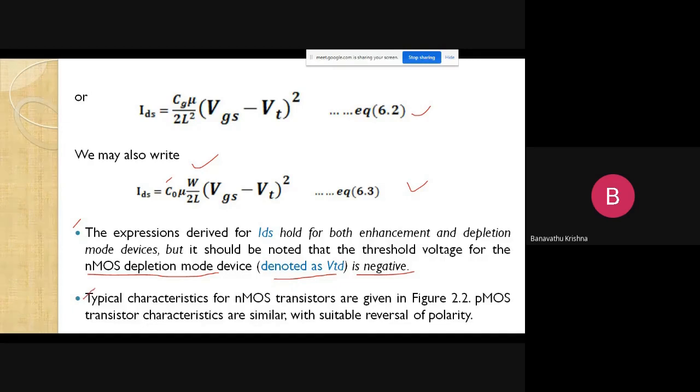Now I am going to discuss the characteristics of the NMOS depletion mode and enhancement mode transistor. That is the typical NMOS transistor characteristic, shown in the figure here.